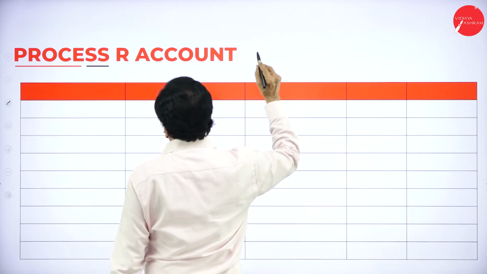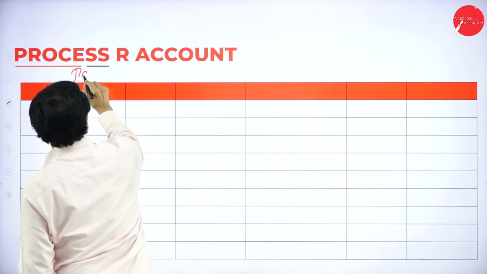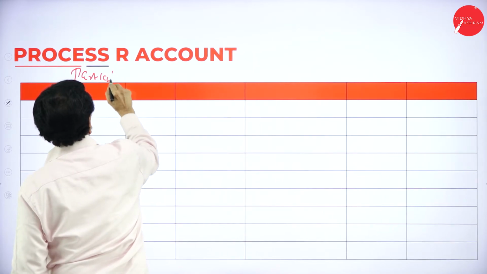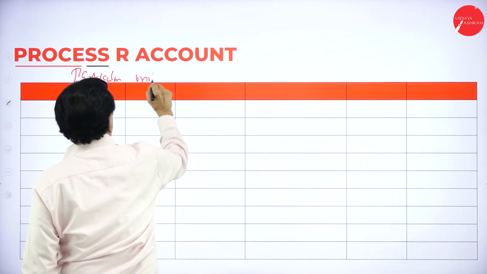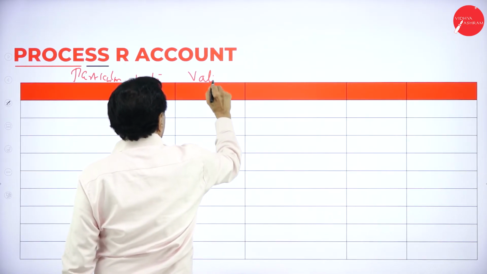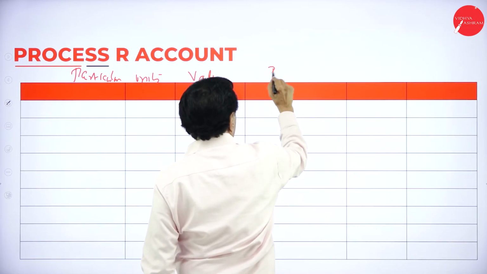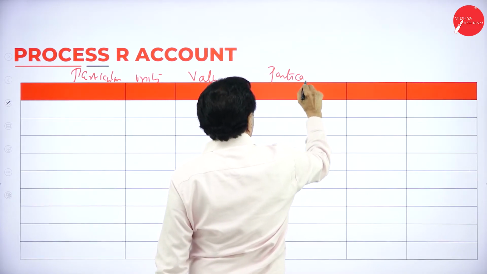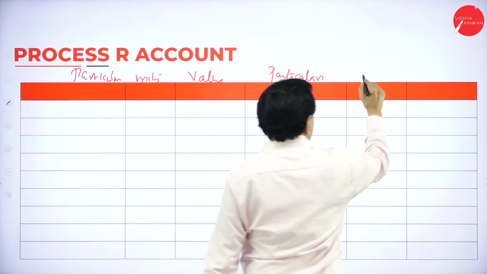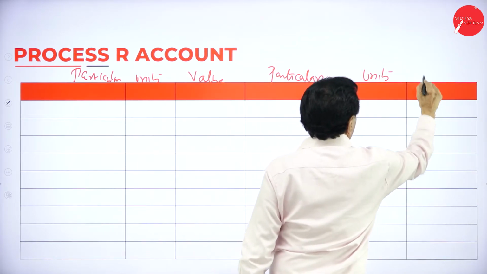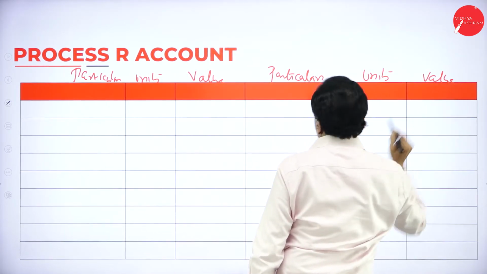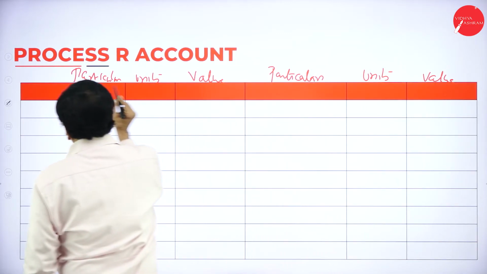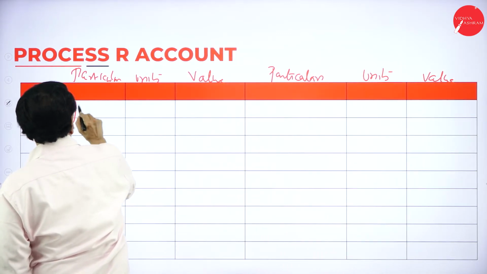Process R, particulars, units, value, particulars, units, value. Transfer entry to process Q.